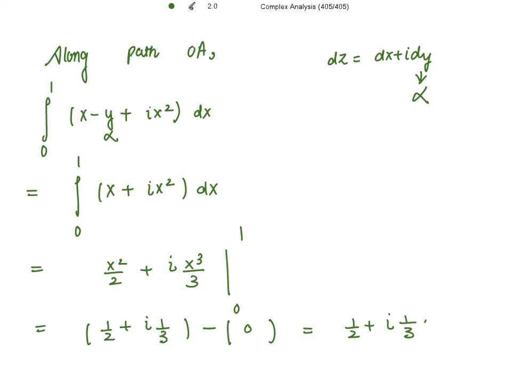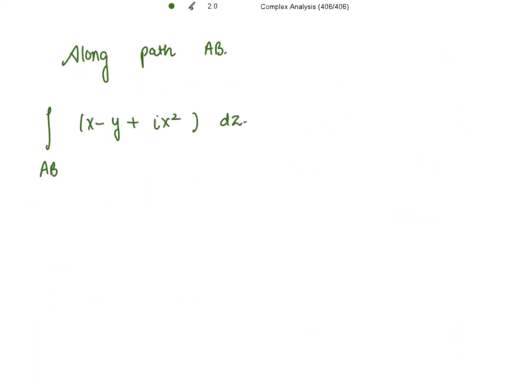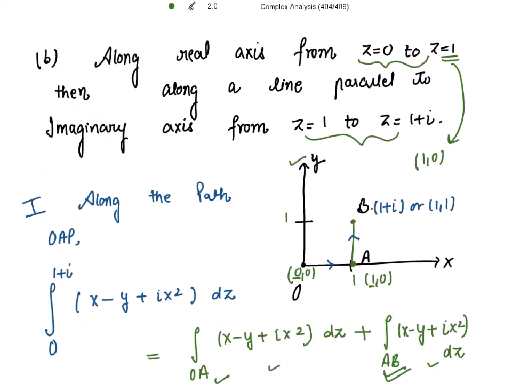And now we have to find this integral along AB. Now along AB we have the constant value of x to be 1, because this is your AB path, and the constant value of x is 1, right?